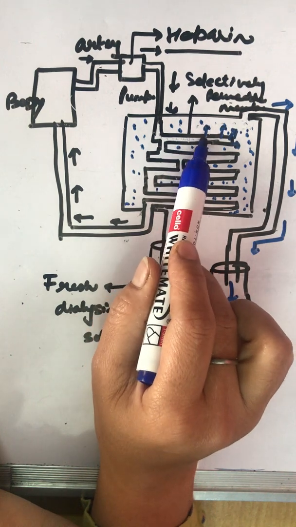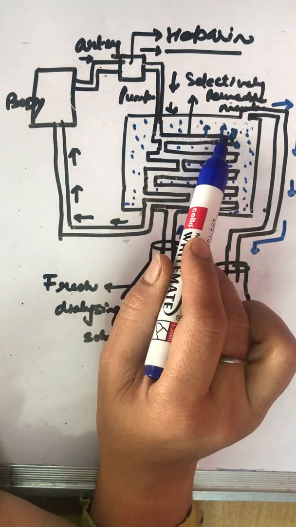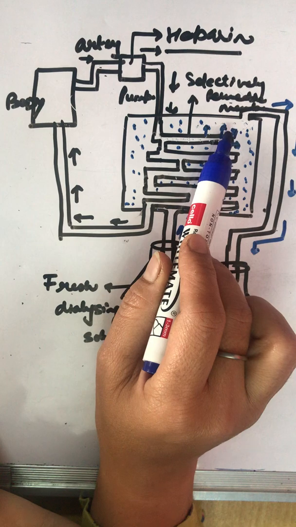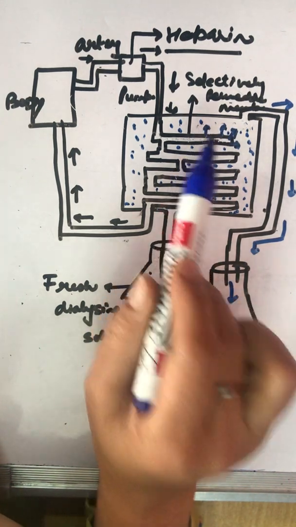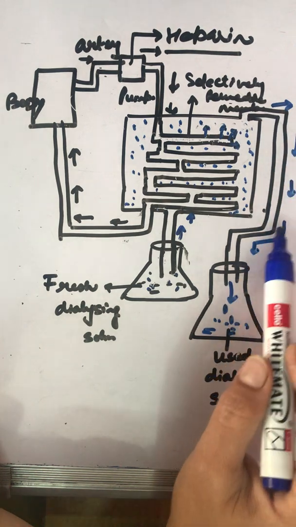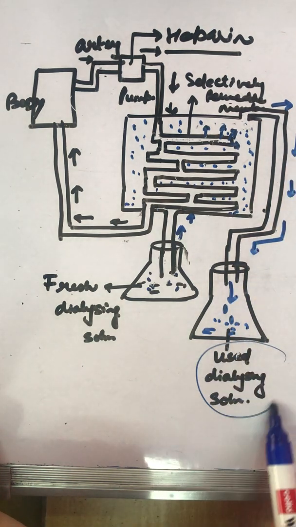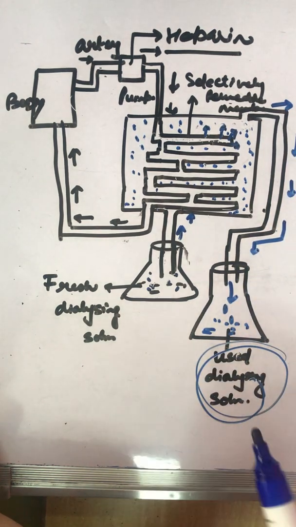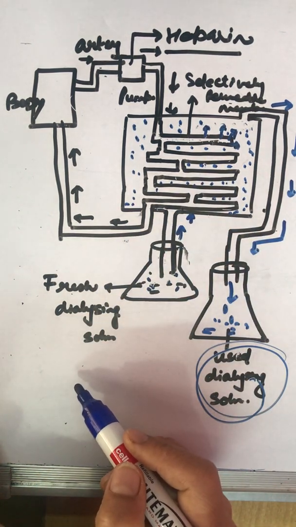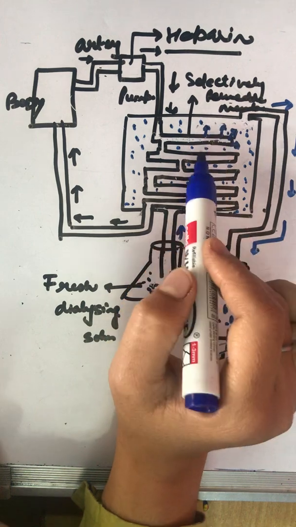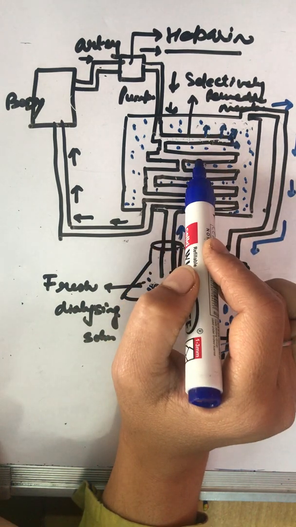Automatically, excessive ions will move out due to the concentration gradient, and that used dialyzing fluid is ultimately collected in this section of the jar, and the fresh one is installed simultaneously. Nothing is reabsorbed back by the tubules.